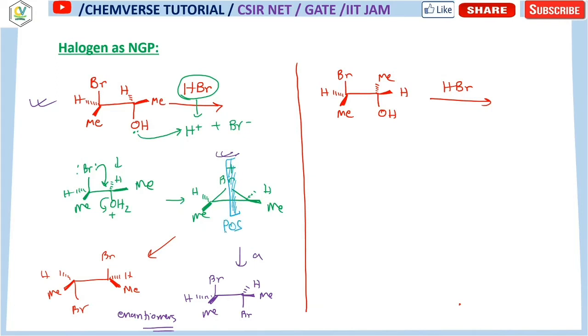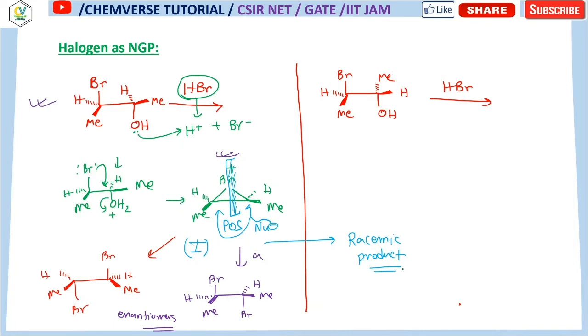Whenever a plane of symmetry is present in this kind of intermediate, the nucleophile will attack either this side or this side, thereby producing the enantiomeric plus minus DL pair. Okay, that will lead to the formation of the racemic product. The racemic product is forming.